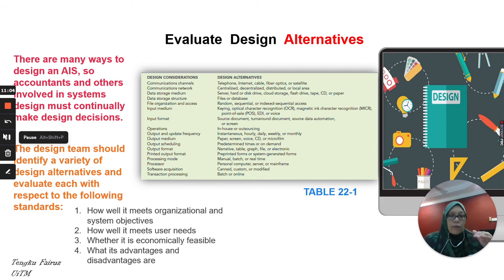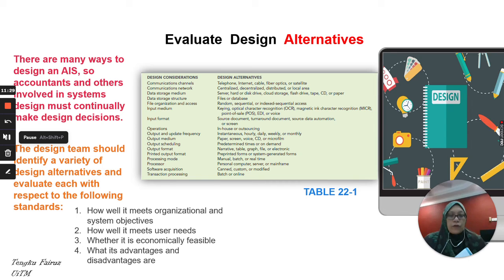It meets the organisation objectives, and also meets the users' needs, of course. They must prioritise the user. And then whether it is economically feasible. For example, they want to use RFID: is it economically feasible for the company to use all the tools related to the technology? And then the advantages and disadvantages.